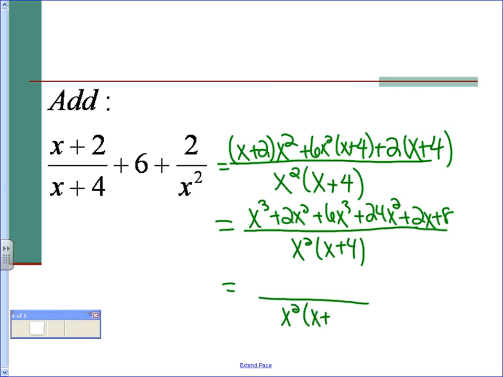You can combine some terms. 7x cubed plus, yeah. There's 1 here and there's 6 here. And then 2 and 24 makes 26x squared. And then plus 2x plus 8.